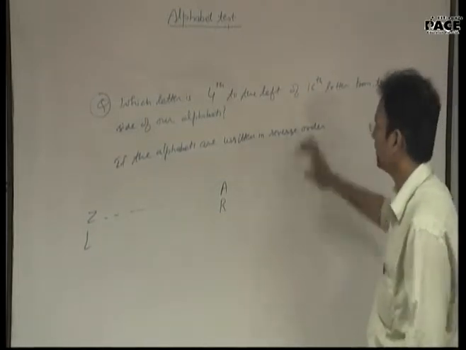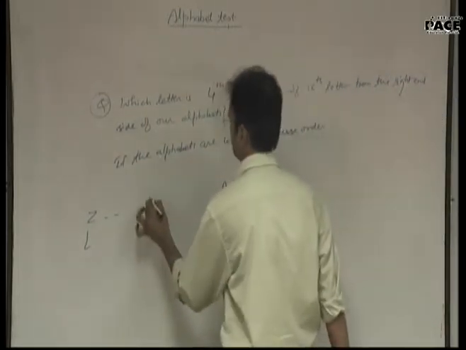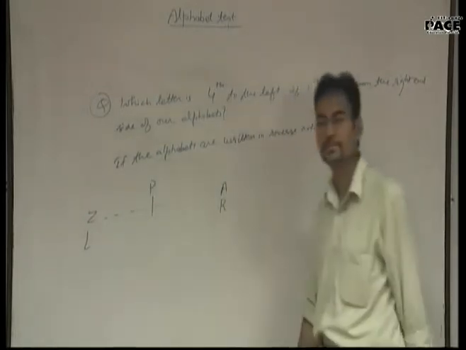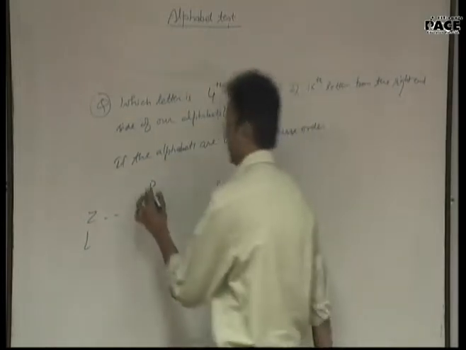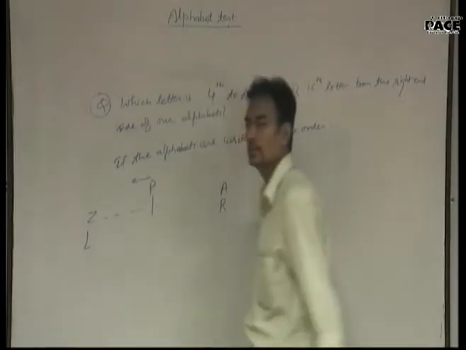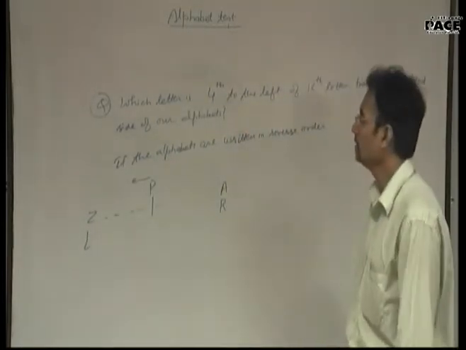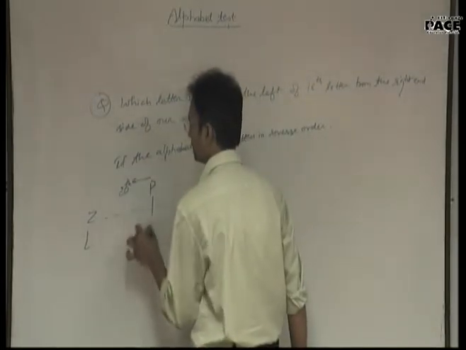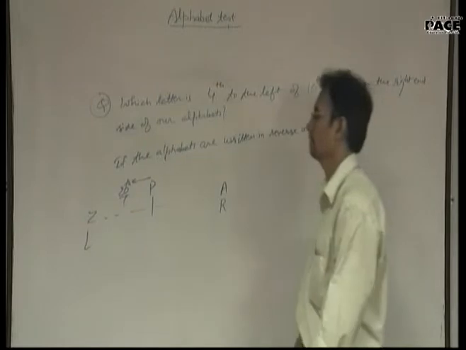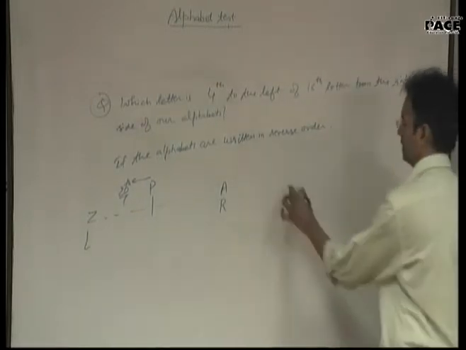So 16th letter from the right hand side will be E this time. And 4 to the left of this, to the left in this direction, 16 plus 4 is 20th, which is T. So answer will be T here.